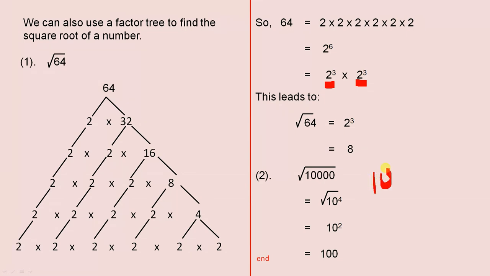Well, we know that 10 squared times 10 squared, so we have two numbers, both the same, equals 10 to the power of 4. So the square root of 10 to the power of 4 is 10 squared. And we know that 10 squared is 100. So the square root of 10,000 is 100.